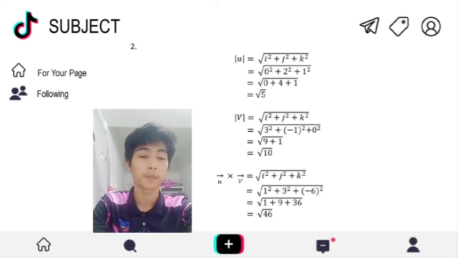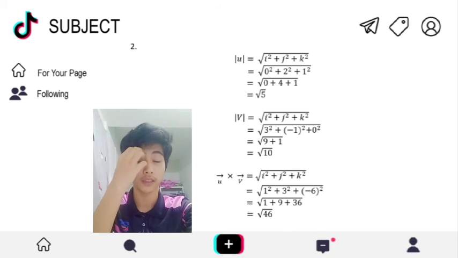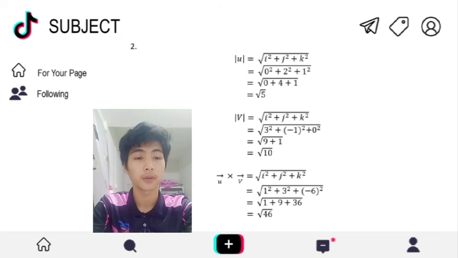After we find the cross product u cross v, the components of u cross v we put into this formula.